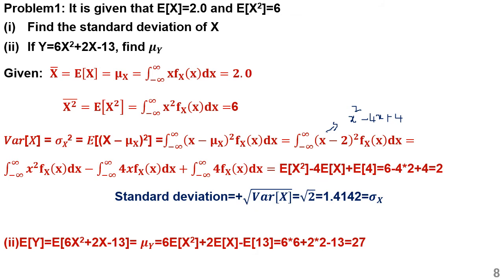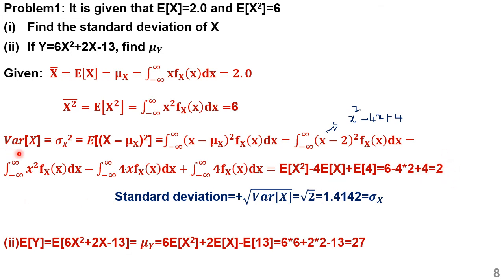So first term is integral of x square pdf dx, minus integral of 4x fx of x dx, plus integral of 4 fx of x dx. So this gives you E of x square, this gives you 4 into E of x, this gives you E of 4. This is 6, this is minus 4 into 2, plus 4, answer is 2.